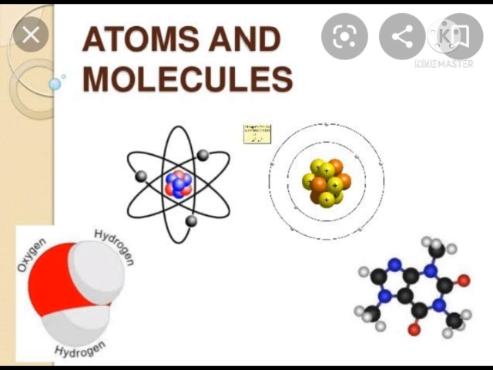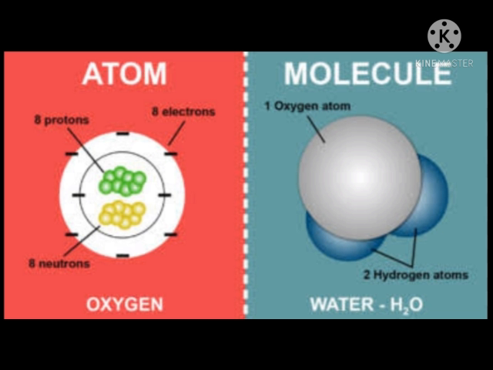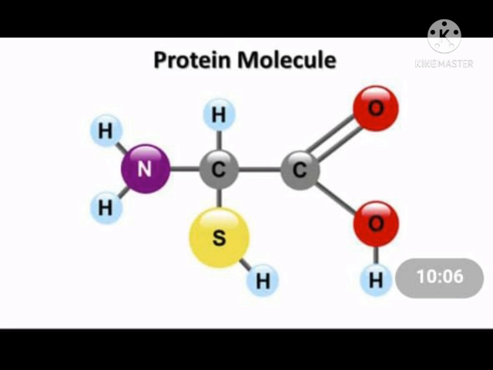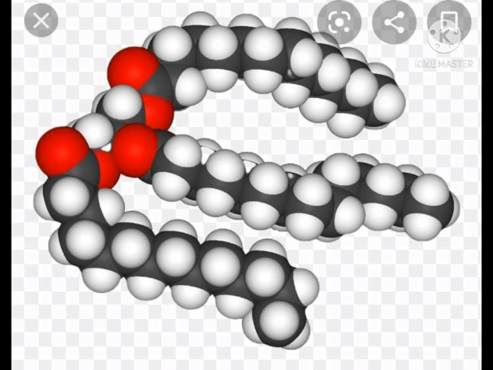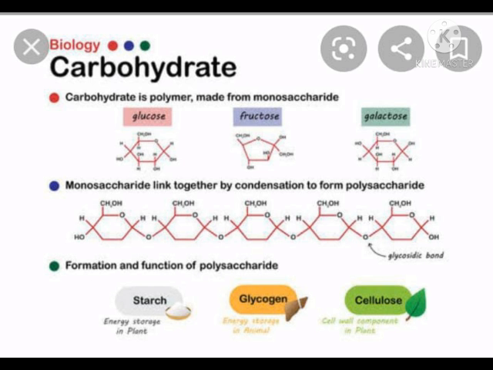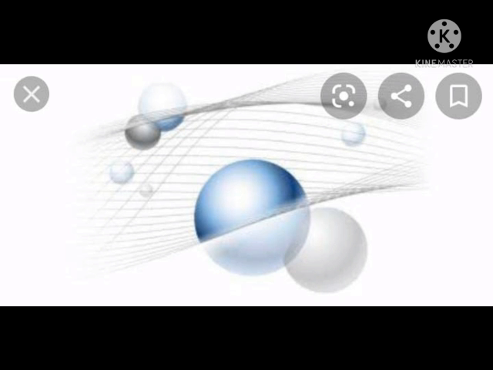Basically, these start as certain atoms, and the atoms try to form certain chemical compounds, or again we call them molecules, such as protein molecules and fat molecules, next carbohydrate molecules, and minerals and vitamins.